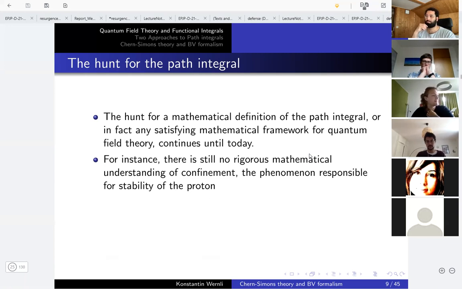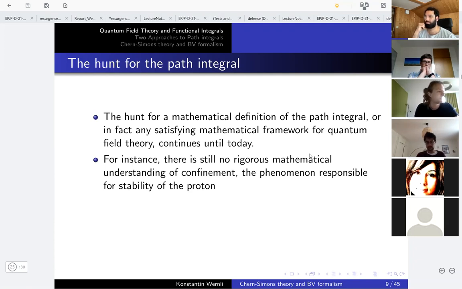For instance, at least in my understanding, there's not a mathematically rigorous understanding of the phenomenon of confinement. Confinement is what makes the proton stable, and it is because of the stability of the proton that matter exists in the universe, right?